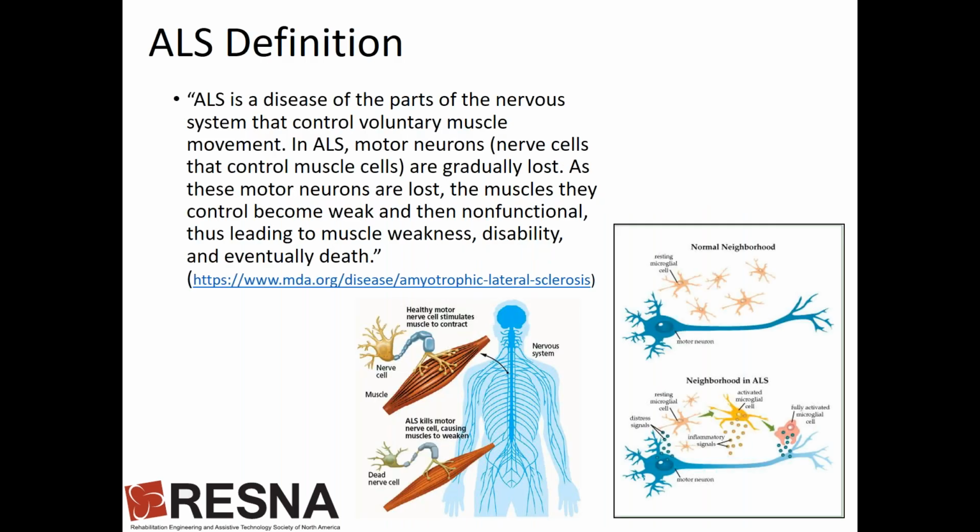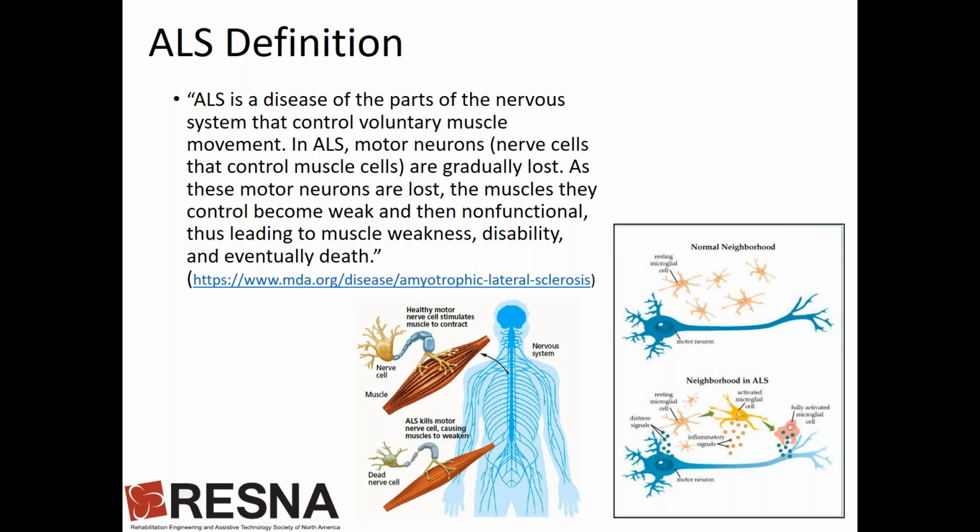So I mentioned a little bit about ALS earlier. So ALS is amyotrophic lateral sclerosis, and you also hear of this as Lou Gehrig's disease. What this neurologic condition is, it's a disease of the nervous system that specifically controls muscle movement. So in ALS, the motor neurons, which are the nerve cells, are gradually lost.